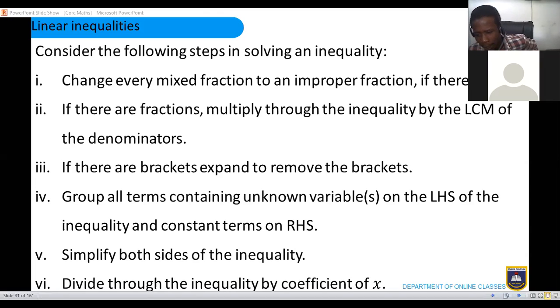Unmute yourself and tell me the denominator for 3x as a whole number. What is the denominator for 3x?